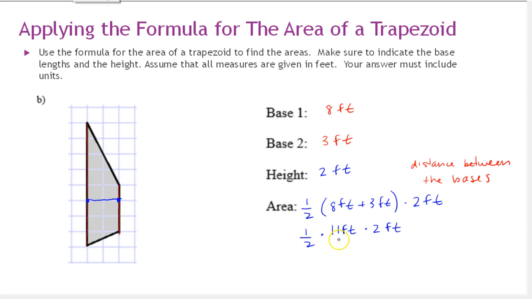And here, I'm going to multiply these first. In the previous one, I canceled the even factor. But let's multiply these first. This is 22 feet squared. So 11 feet times 2 feet is 22 square feet. And 1/2 times 22, half of 22, is 11 square feet.